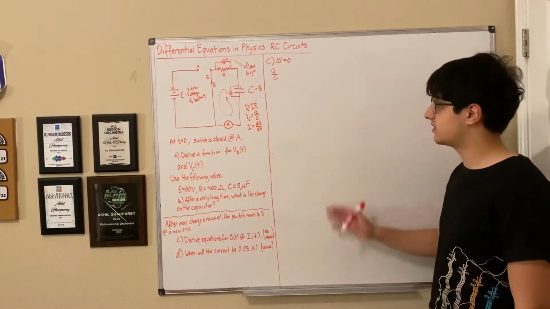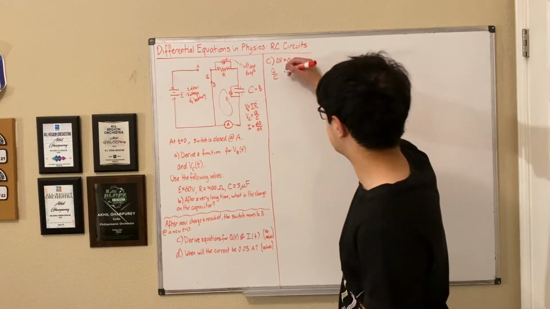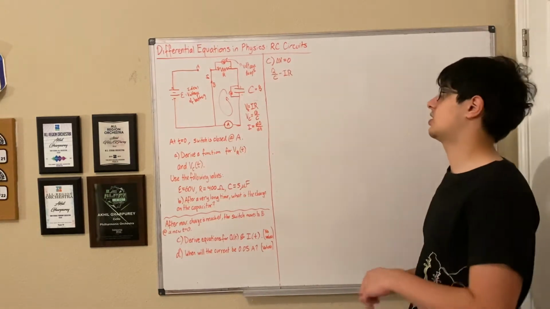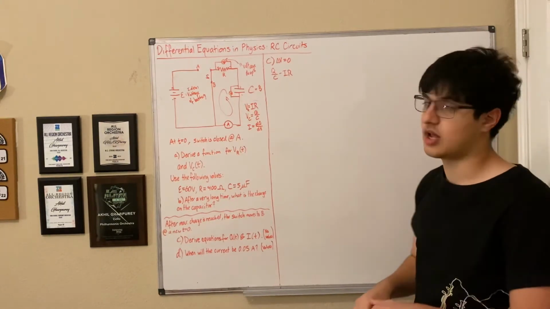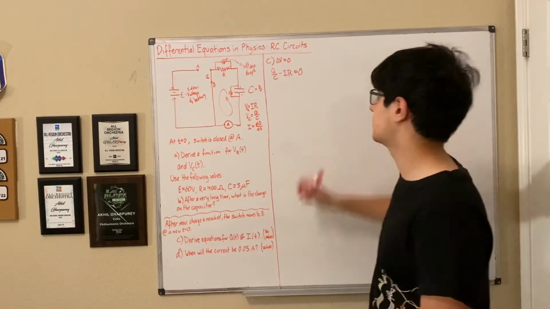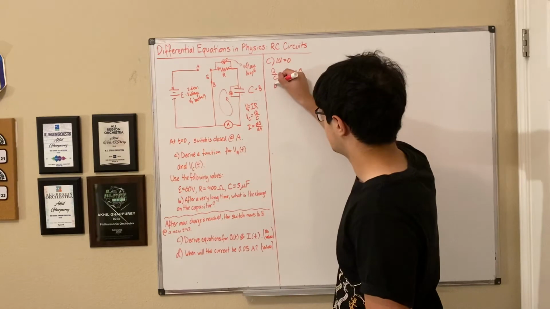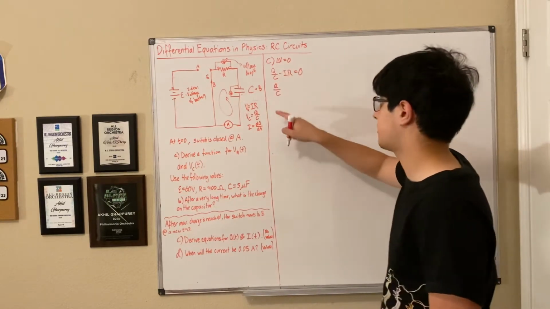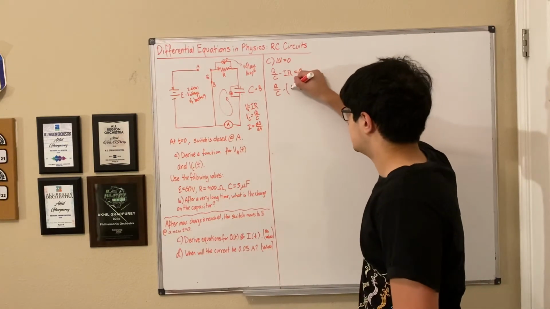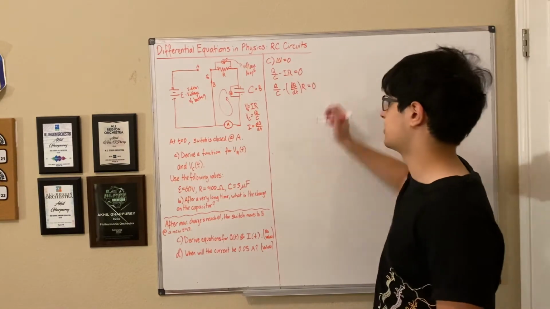So, therefore, we're going to have a Q over C, just like this, minus IR, because the voltage drop across the resistor is equal to 0. So now the charge per capacitance is going to be minus dq dt times R is equal to 0.